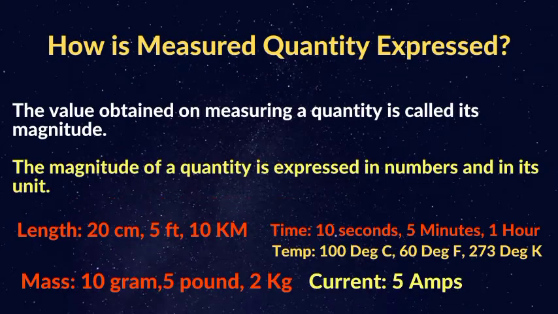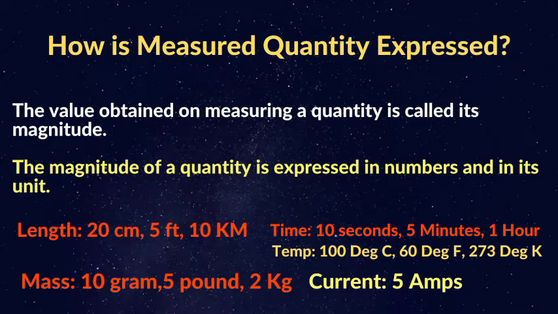Now, it is most important that whatever we measure should be expressed so that others will know. It is very vital and important. The value obtained on measuring a quantity is called its magnitude.